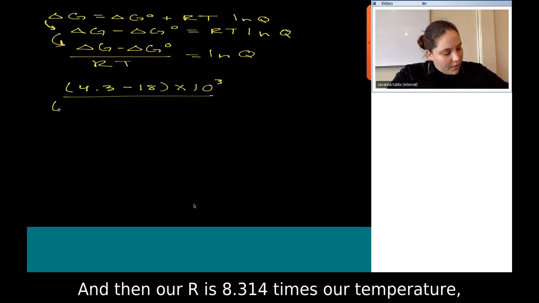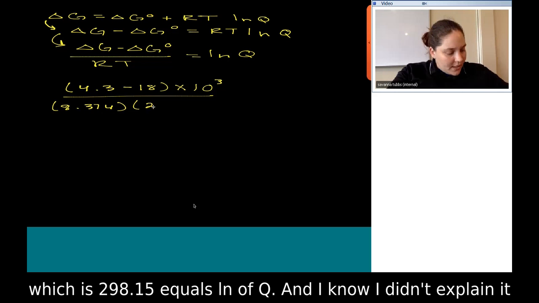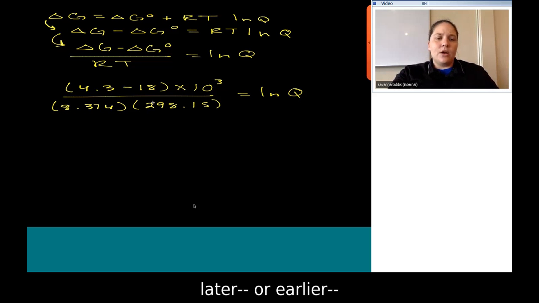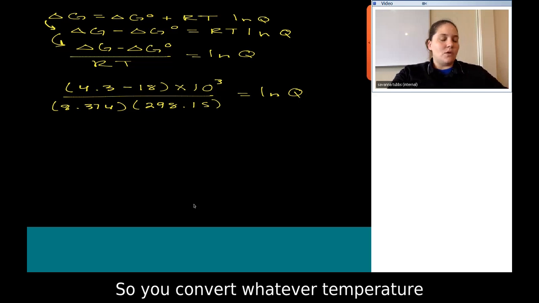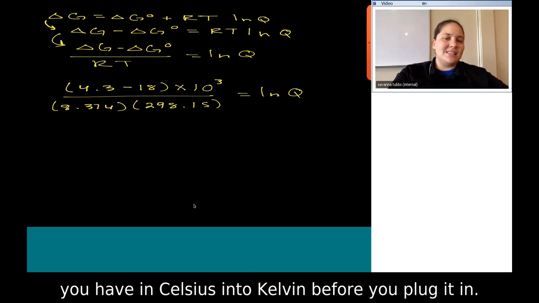And then our R is 8.314, times our temperature, which is 298.15, equals ln of Q. And I know I didn't explain it earlier. We had 25 degrees Celsius, but to plug it in, it has to be in Kelvin.